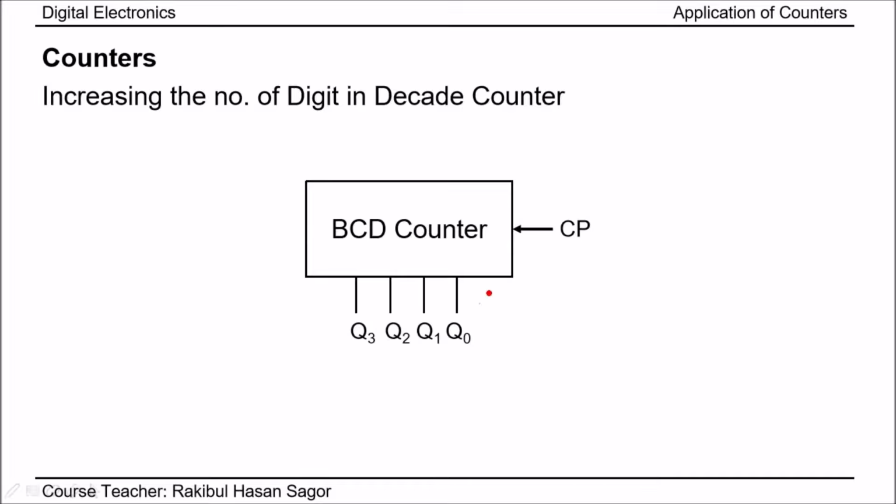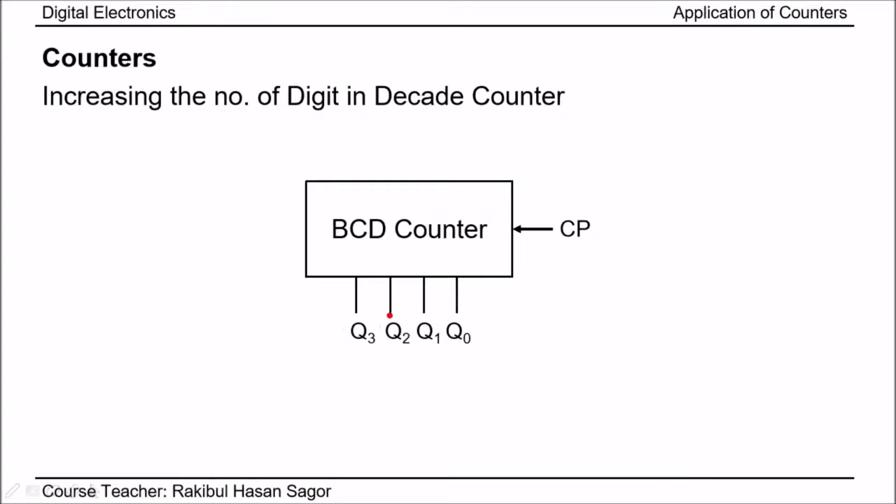This is the block diagram for BCD counter or decade counter. I hope by now you have enough knowledge to design the circuit diagram that is inside this box. On every clock pulse triggering, the counter will count.